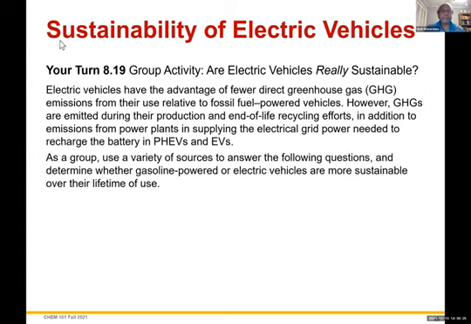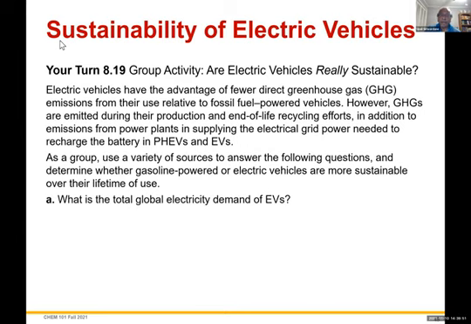As a group, use a variety of sources to answer the following questions and determine whether gasoline-powered or electric vehicles are more sustainable over their lifetime of use. What is the total global electric demand of electric vehicles?